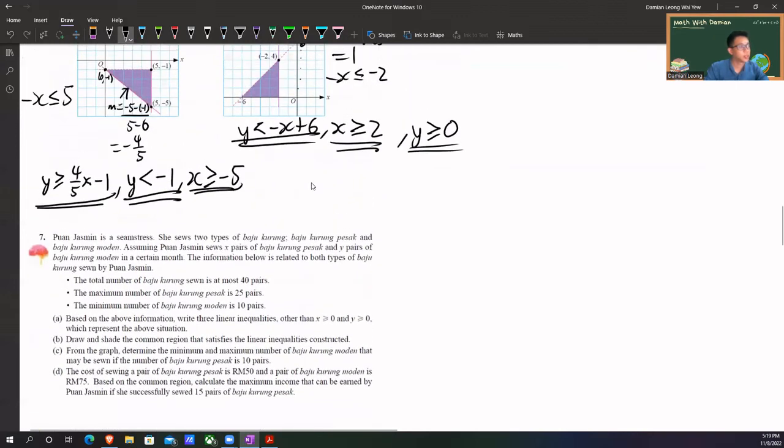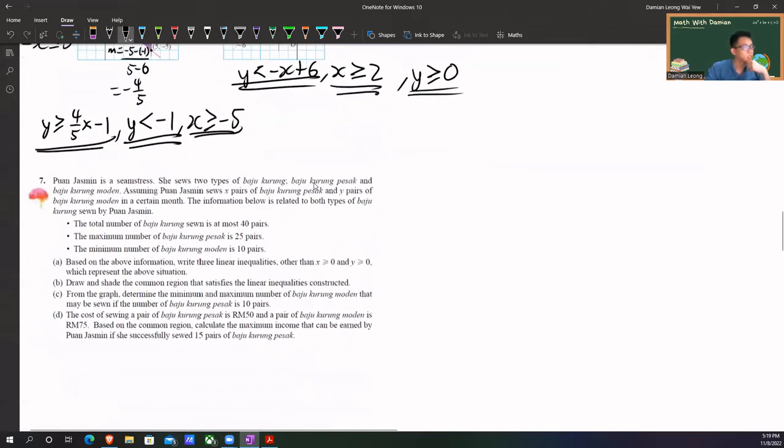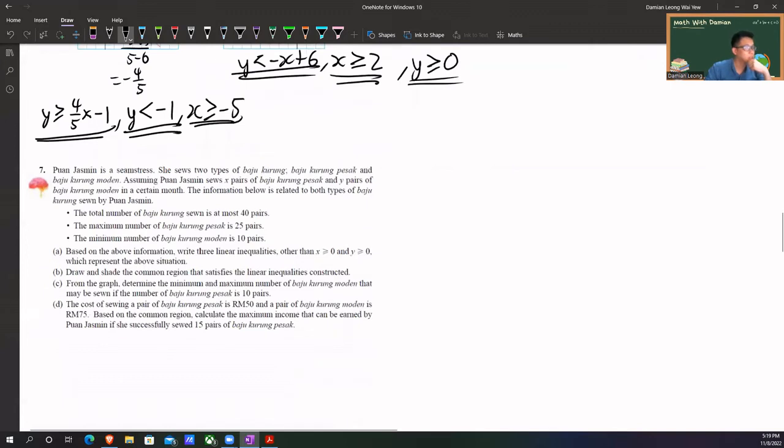Question 7. One Jasmine is a seamstress. She sews 2 types of baju kurung, pesak and baju kurung modern. Assuming One Jasmine sews X pairs of baju kurung pesak and Y pairs of baju kurung modern in a certain month, all information below is related to both types of baju kurung sewn by One Jasmine.